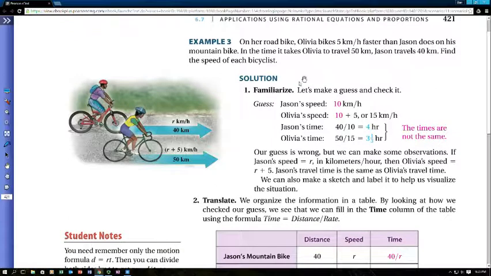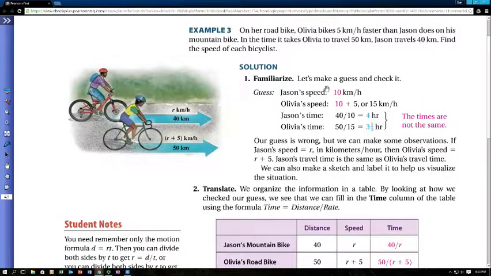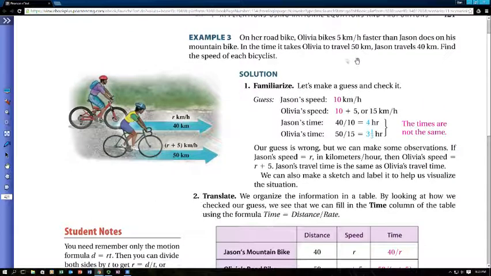If I first define the variable and say Jason's rate is r, for rate, what would be Olivia's rate? Well, she's going 5 kilometers per hour faster, so it would be 5 plus Jason's r, the rate that he's going.